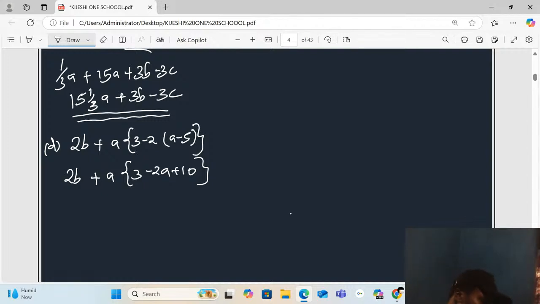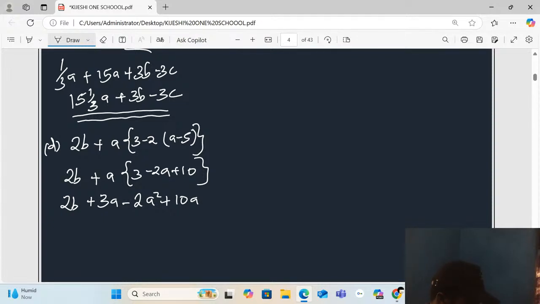So we are going to have 2b plus 3a minus 2a squared, that is negative a times negative 2a, that will be negative 2a squared, plus 10a. That is how we open the brackets.